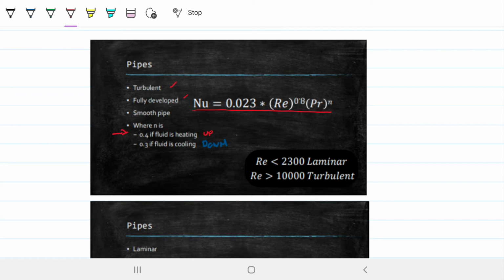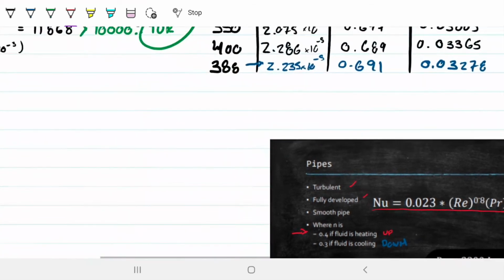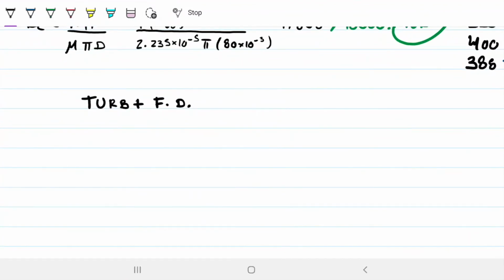So it's going to be this correlation with the n of 0.4. So if I'm looking for my Nusselt, this is going to be 0.023, my Reynolds to the 4/5 or 0.8, my Prandtl to the n, and that's 0.4. That's per what we saw.